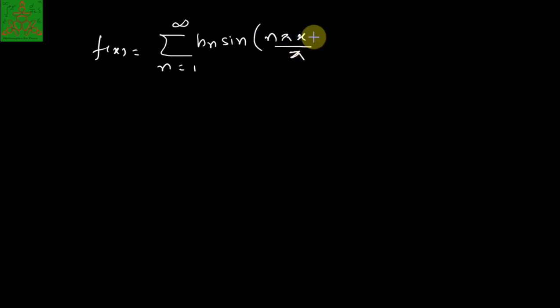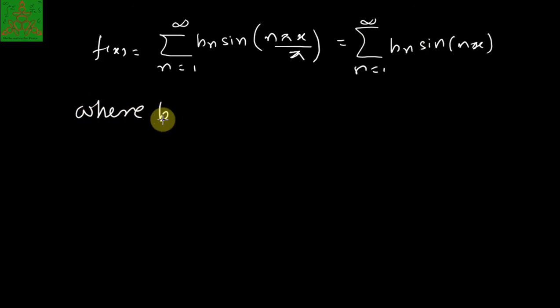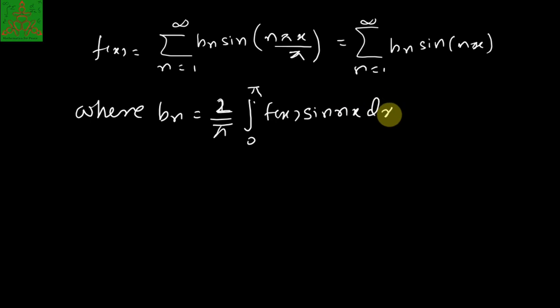So we know that the Fourier sine series expansion is written as summation 1 to infinity bn sine n pi x by L. L is pi, so that's why it is n x. So we have this, bn sine nx, where bn is calculated as 2 by pi integration 0 to pi f(x) sine nx dx.